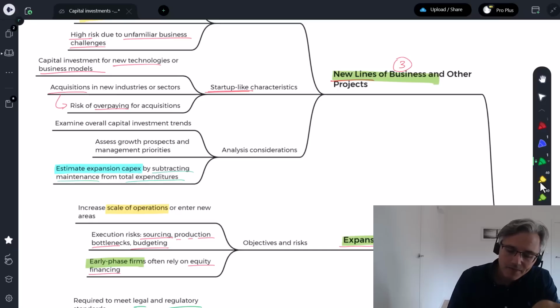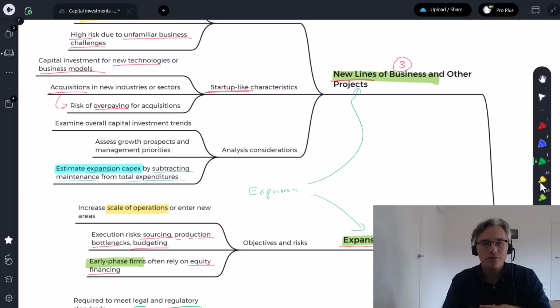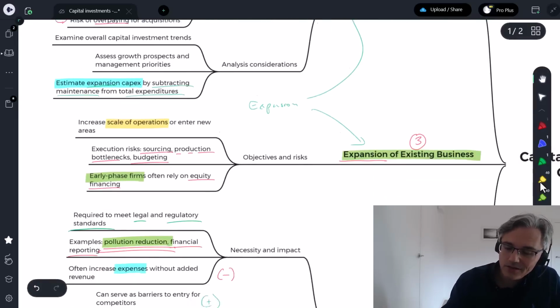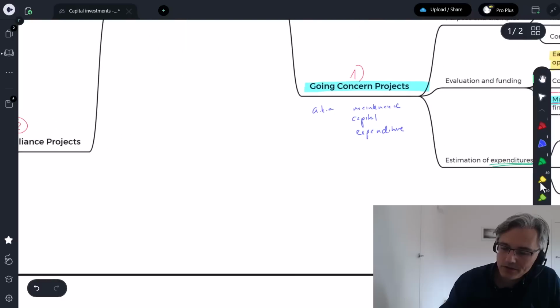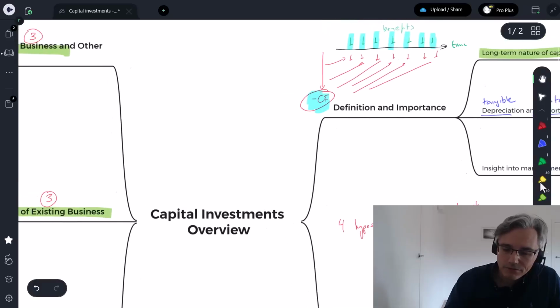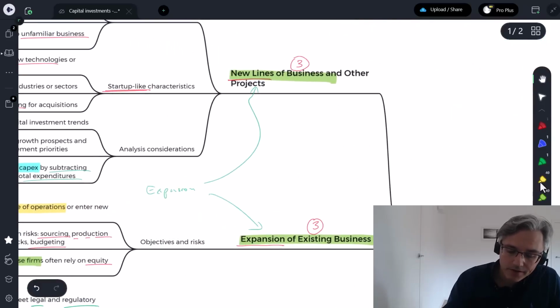Of course, here, when we say expansion, we mean both expanding an existing line of business as well as moving into something completely new. If you have the total outlay for capital expenditure and you deduct the maintenance, which you typically estimate using depreciation and amortization as a proxy, so going concern, maintenance or replacement projects, what you're typically left with is the expansion capex, or capital expenditure.